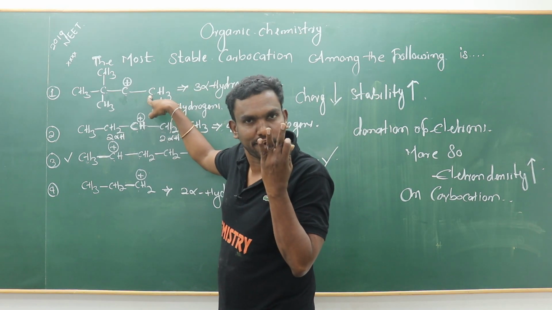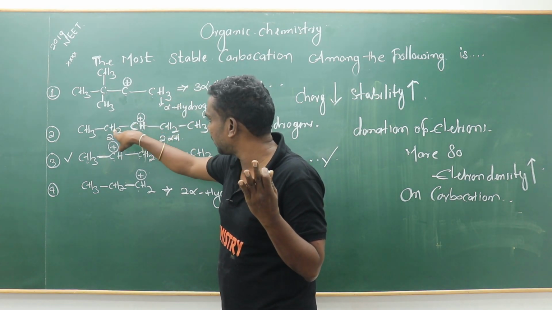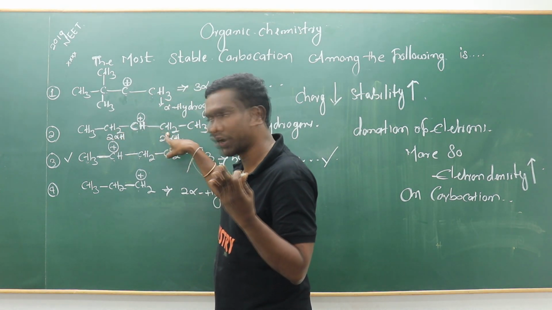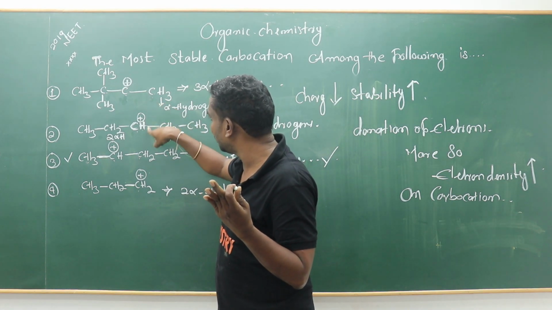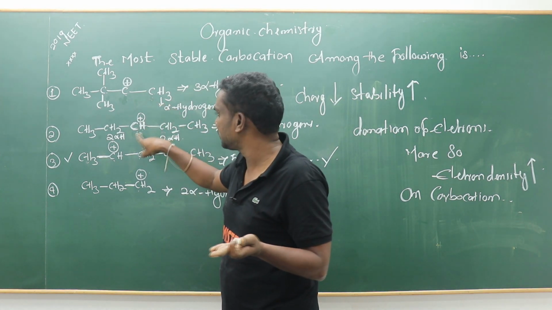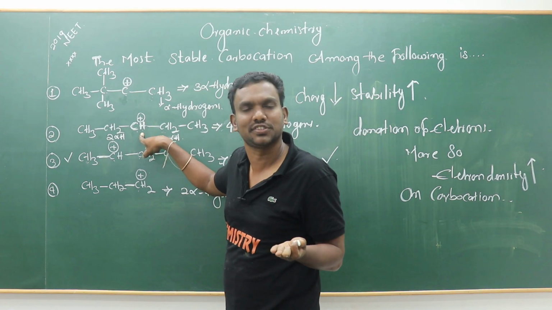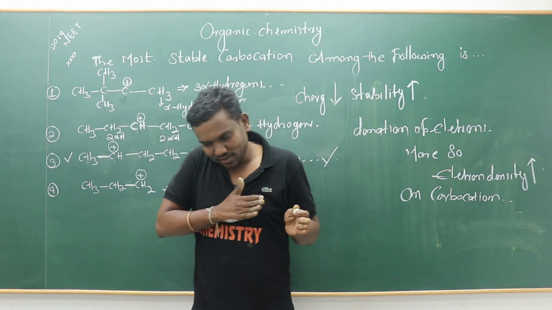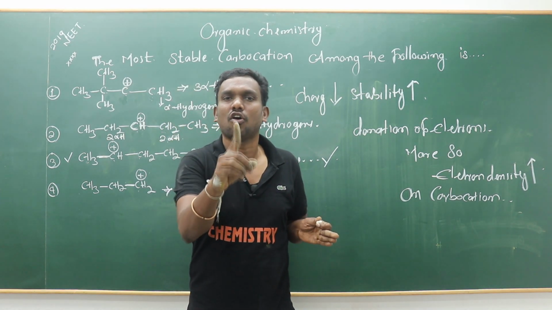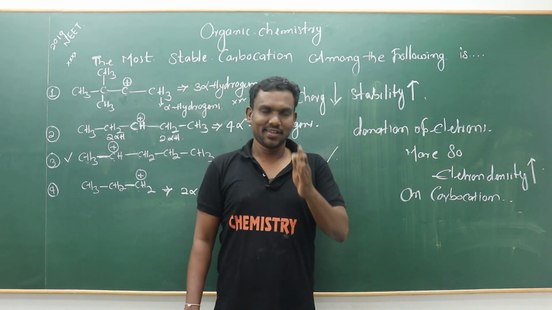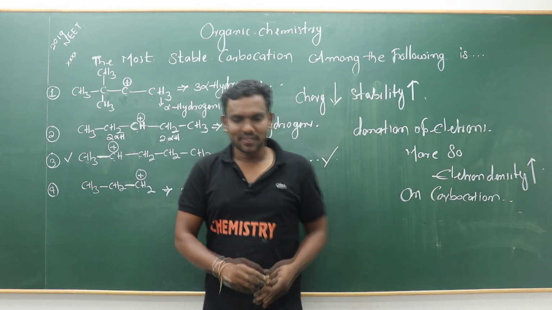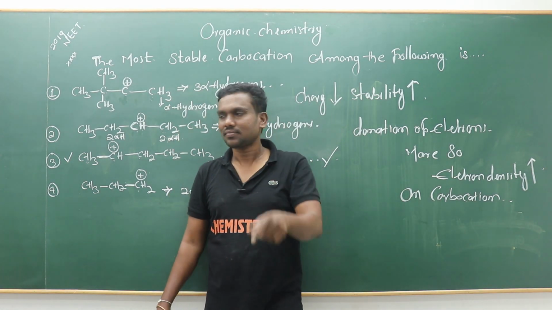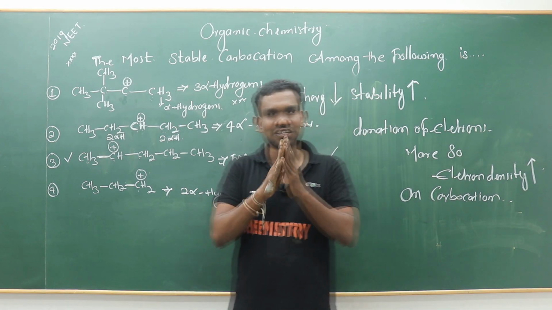Beside carbon, 3 hydrogens. Carbocation, beside carbon, 2 hydrogens. Here 2 hydrogens, 4. So in between 1 and 2, which one is more stable? Second one is stable. Why? Because 4 alpha hydrogens. Sir, alpha hydrogen increases, the electron density increases on carbocation. That is the reason third option is the right option.